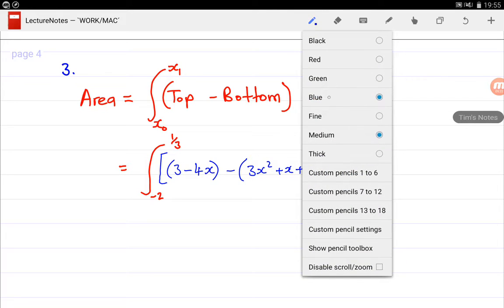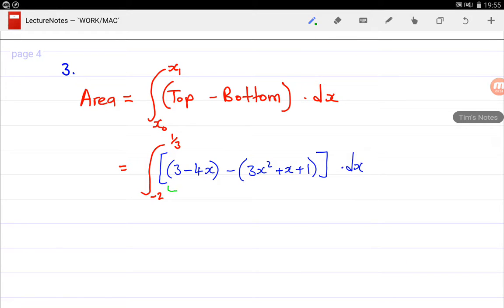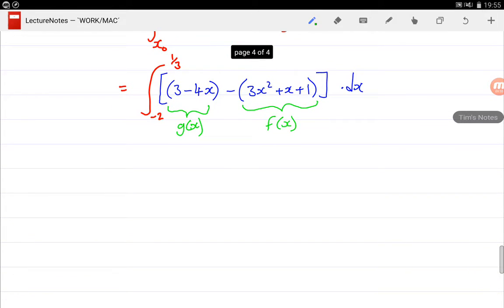And then I'm just going to point out what this is. This is our g of x. This is the top one, and this is our f of x, our quadratic, which was on the bottom below our g of x, between the boundaries minus 2 and a third.